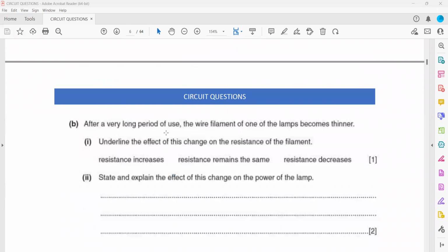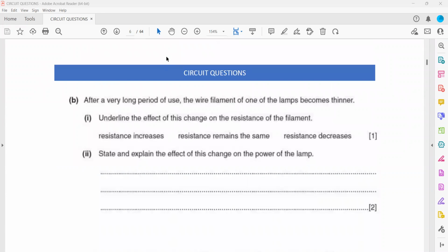The last part: after a long period of use, the wire of the filament of one of the lamps becomes thinner. Underline the effect of this change on the resistance of the filament. How does the area affect the resistance?